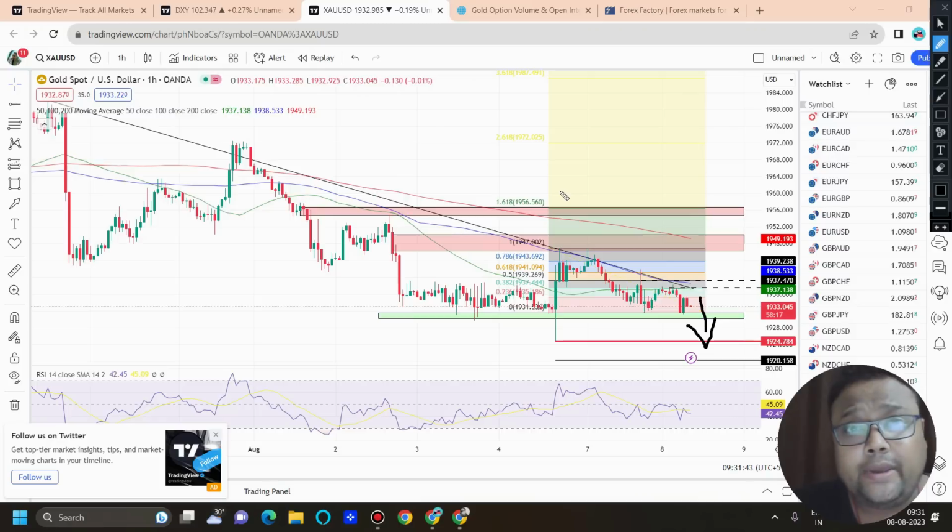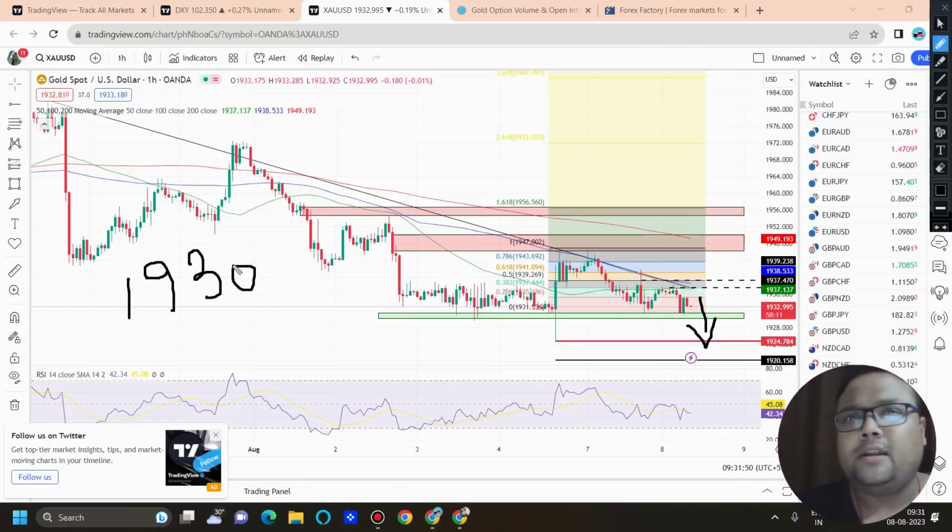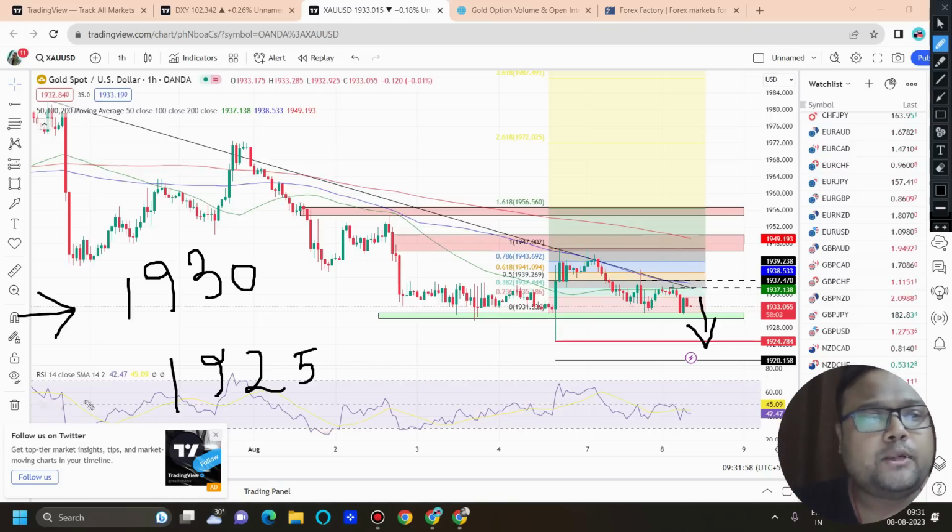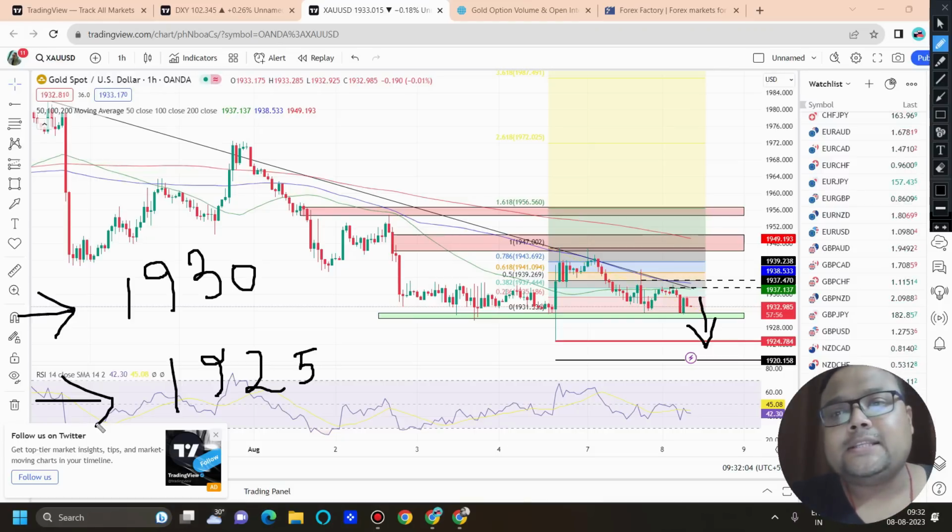Right now we have two support levels on the chart of gold. We have a support around 1930, 1931, and then we have a second support around 1925. Technically speaking, these are the two support levels on the chart of gold right now. At least today, we can expect that in case there is a drop, the market will be taking support around 1925.